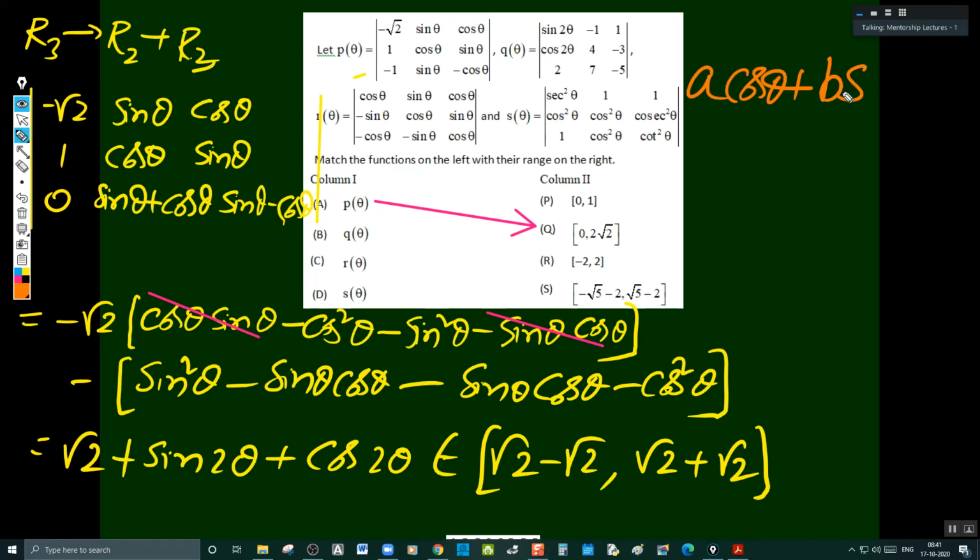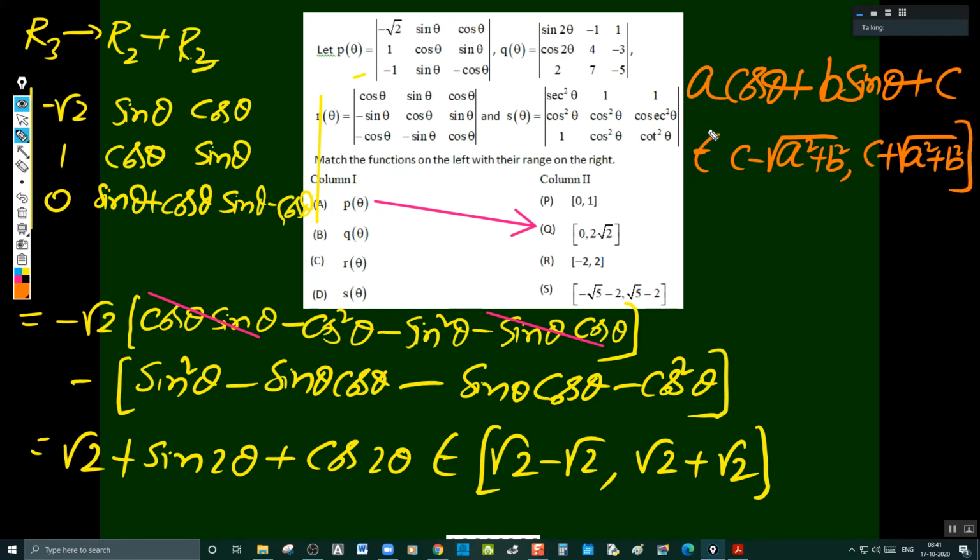A cos theta plus b sin theta plus C form, it is C minus root a square plus b square, comma, C plus root a square plus b square. That's it. Minimum value, maximum value. Important as far as objective is concerned. The range of a cos theta plus b sin theta plus C is C minus root a square plus b square, comma, C plus root a square plus b square.